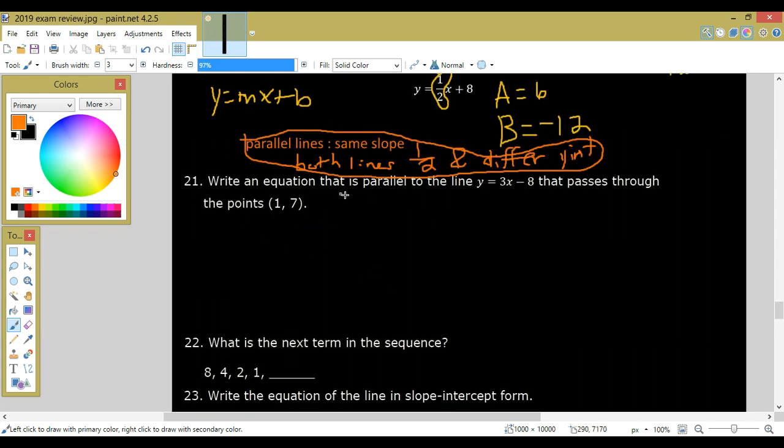21. Write an equation that is parallel to the line y = 3x - 8 that passes through the point (1, 7). So on this one, we know parallel lines have the same slope, so your slope is going to be 3.